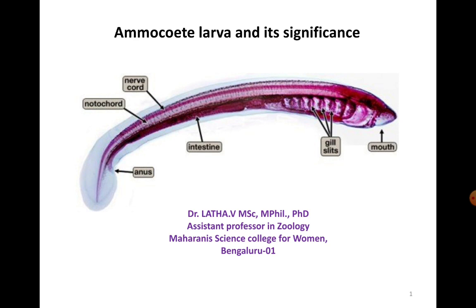So as we said, Ammocoete is a larva of Petromyzon, and in Petromyzon the sexes are separate. The differentiation of gonads takes place quite late, and the Ammocoete larva has a hermaphroditic gonad which contains both oocytes and spermatocytes.